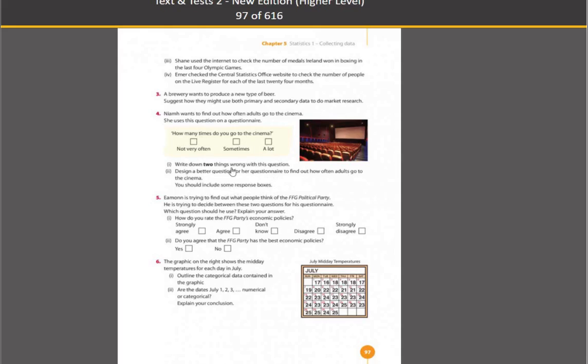So what is wrong with this? How many times do you go to the cinema? First of all, she's assuming that people in fact do go to the cinema. And if we look also at the answers, not very often, sometimes, a lot. What is a lot and what is not very often?